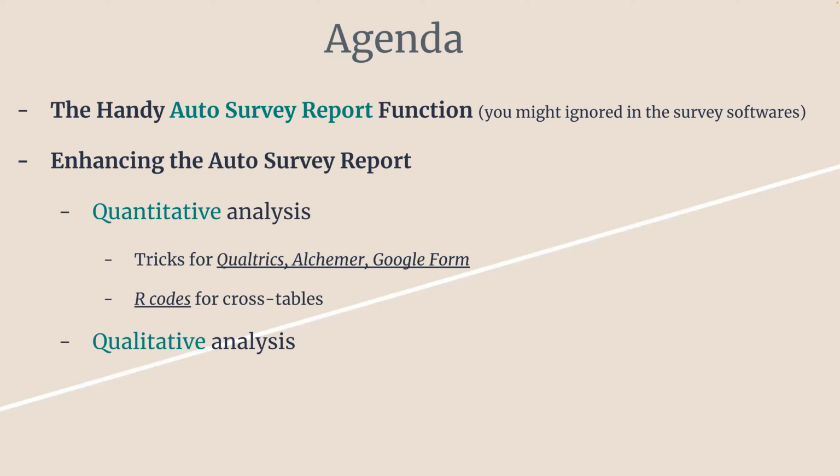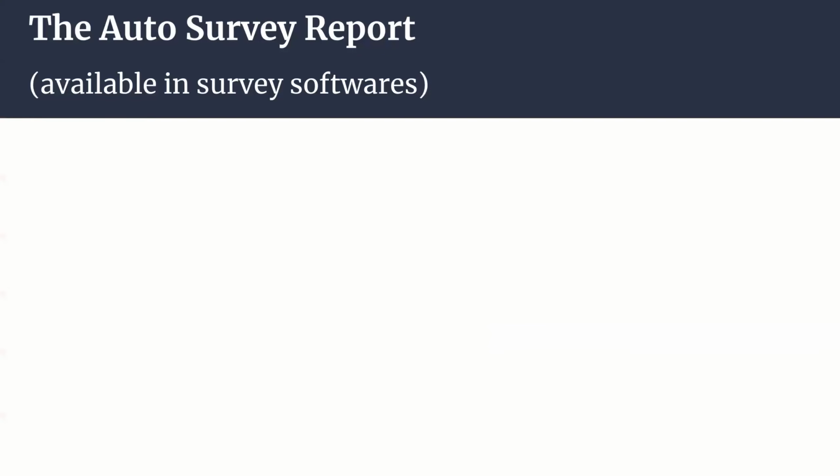In the last part, we'll shift our focus to qualitative analysis in the auto-generated report and critique its shortcomings and discuss other stuff related to that. I'll be sharing both R codes and reporting templates to address the deficiencies discussed of the qualitative analysis part of the auto survey reports.